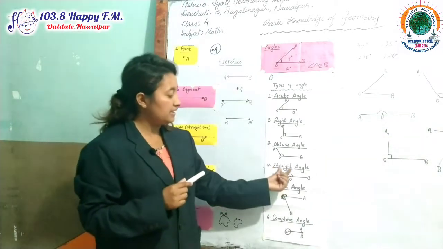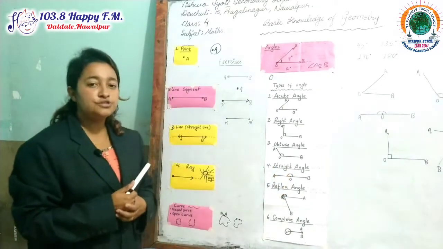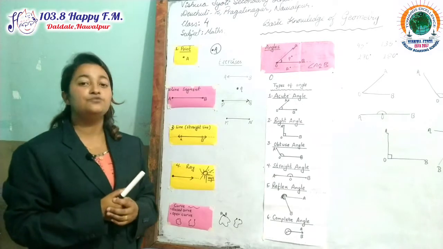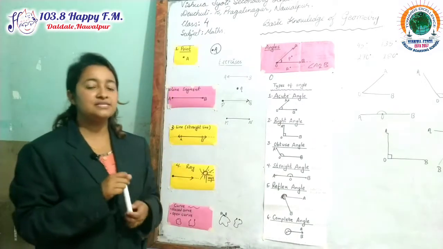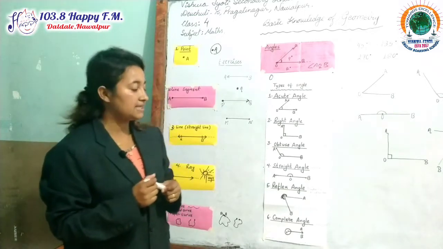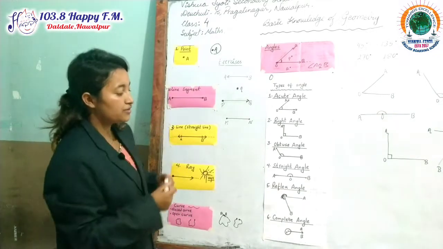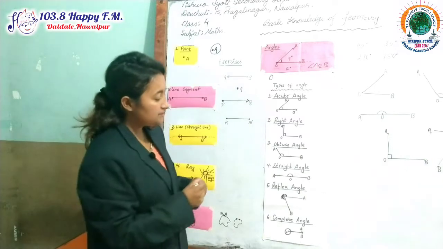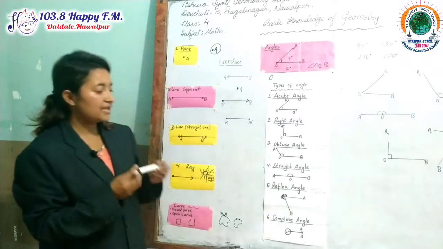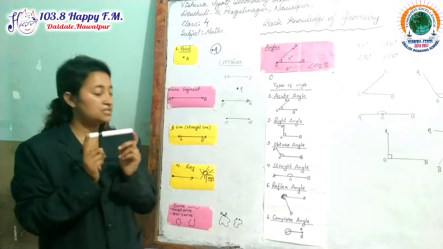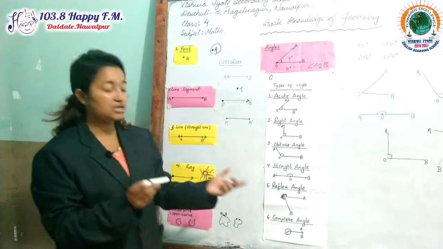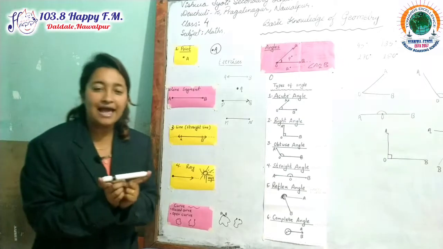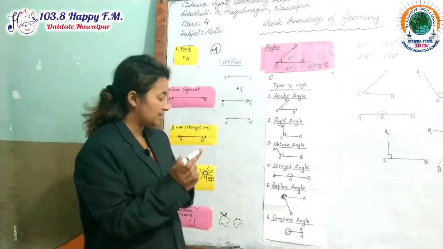A straight angle is an angle whose measure is exactly 180 degrees. To identify the straight angle, we can just see its structure. If it seems to be a straight line, then it is a straight angle.